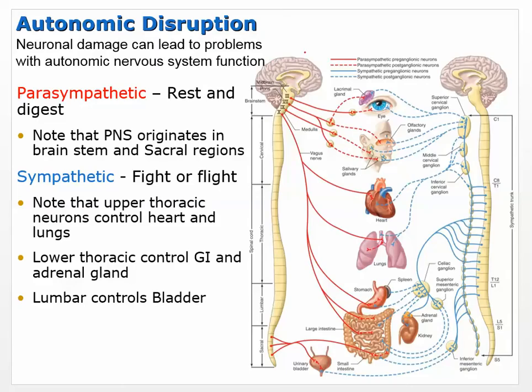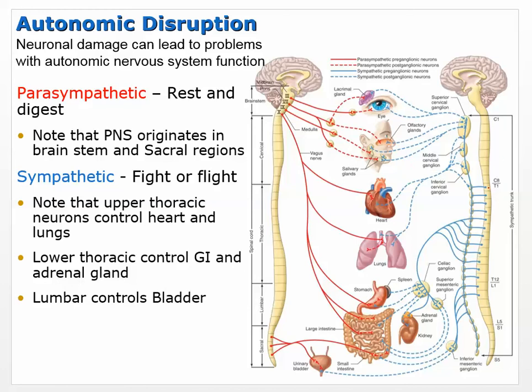Okay, so there's this thing with people who have suffered from spinal cord injury called autonomic disruption. Okay. Actually, wait, no, that's autonomic dysreflexia. That's the next slide. So autonomic disruption can happen.